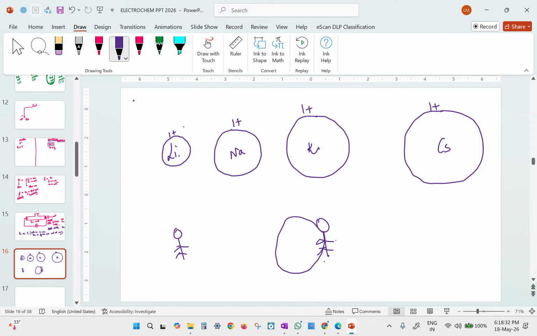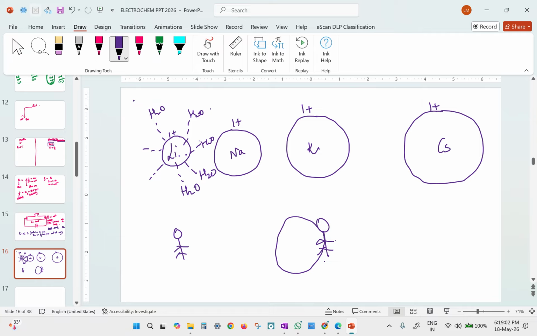With high positive charge density, lithium is very small, so it will be attracted to many water molecules. It will be surrounded by many water molecules: H2O, H2O, H2O, H2O. So the overall baggage becomes large, and with such large size, it is unable to move. Are we clear?